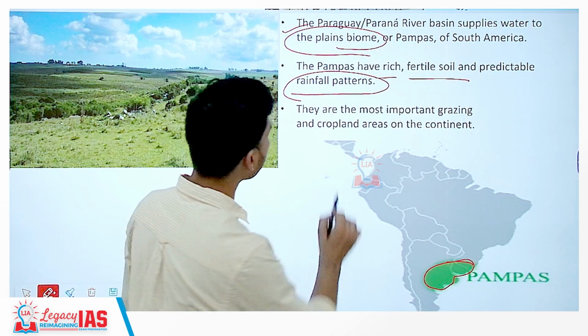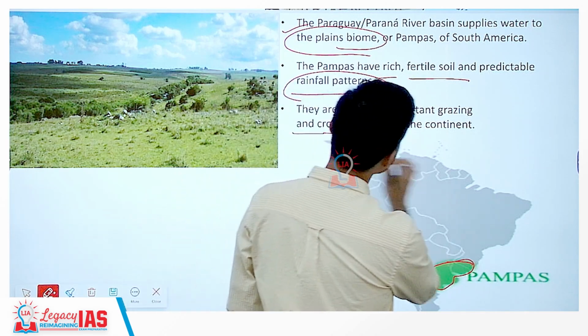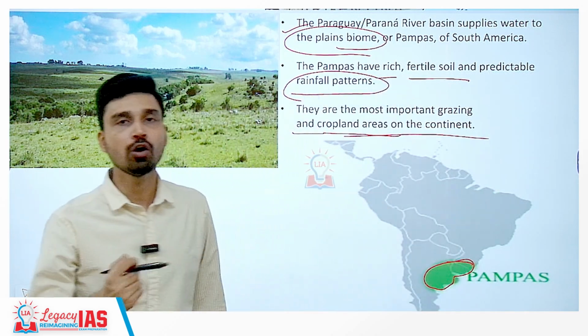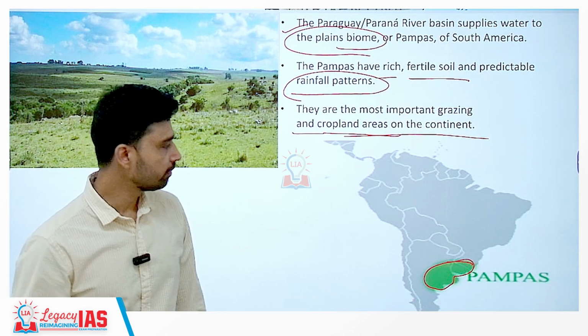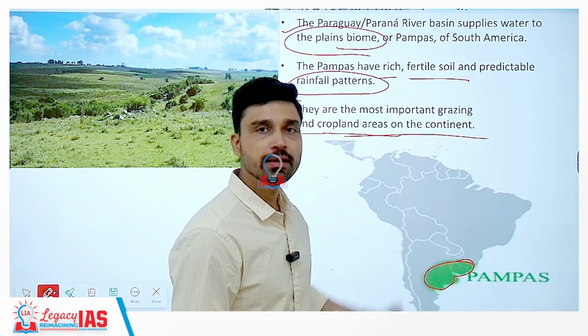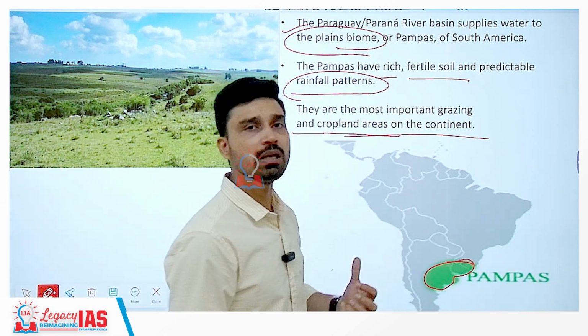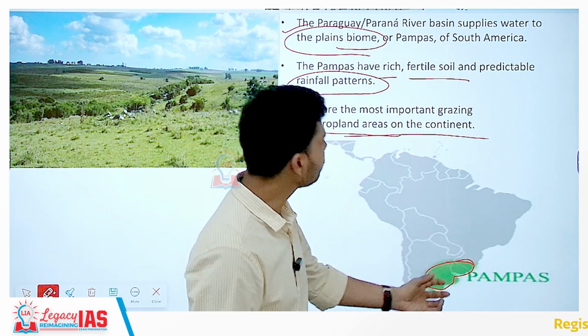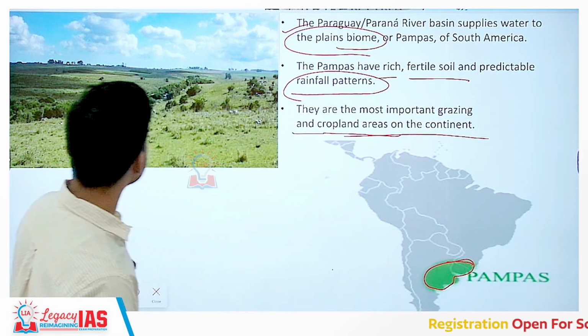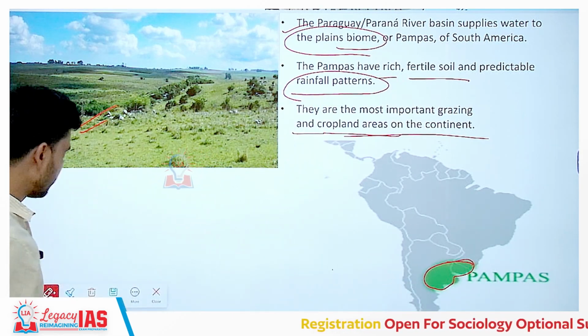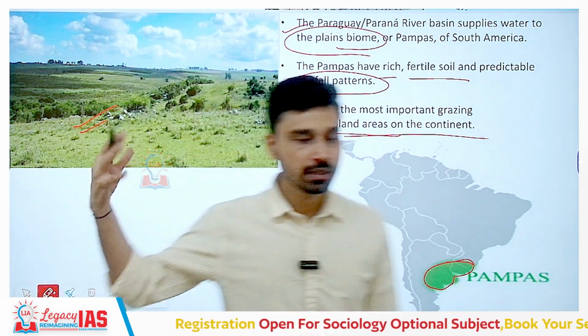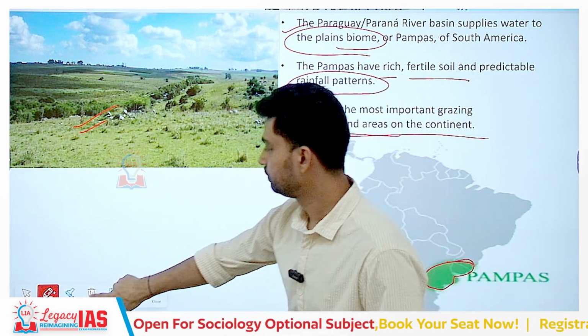They are the most important grazing and cropland areas on the South American continent, and that is why the dairy industry, leather industry, and animal-based industry have developed properly in the Pampas grassland of South America. This is the picture that you can see, how the Pampas grassland looks.